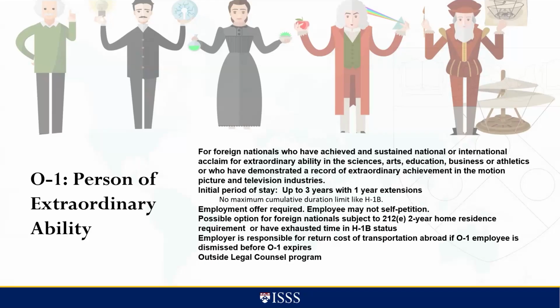These are all judgment calls that have to be decided to see whether a person is qualified for O1. If your department is very serious about a person, and the only worry is that you are not sure whether this person is qualified for O1, you can reach out to our department, because for O1 we have to forward this case to our outside legal counsel.